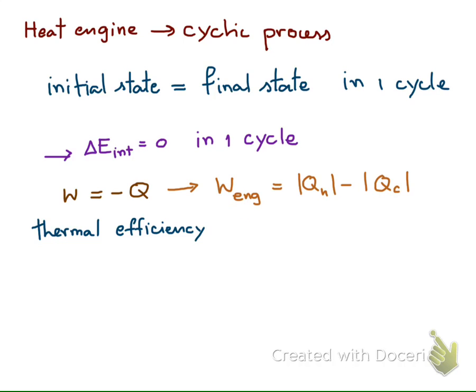Okay. From this, we can define the thermal efficiency of the engine. E is equal to the work done by the engine over the energy input to the engine.